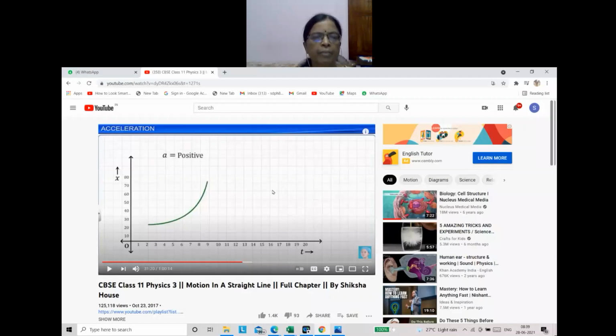And if it is a straight line, what will be the nature of motion, children? Sorry, a line inclined to the time axis. I'll show the graph. For zero acceleration, it is an inclined line. This is negative acceleration.